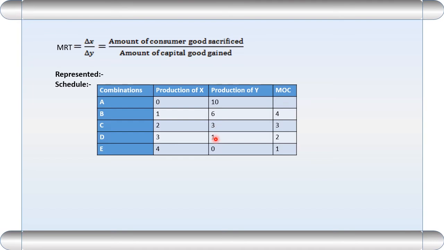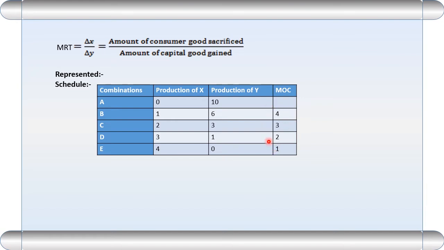So there is a fall of 2 units and production of X has increased to 3. So there is a gain of 1 unit. By 3 minus 1 is 2 and 3 minus 2 is 1. So 2 divided by 1, 2. The same thing we can see in option E, the MOC will be 1.